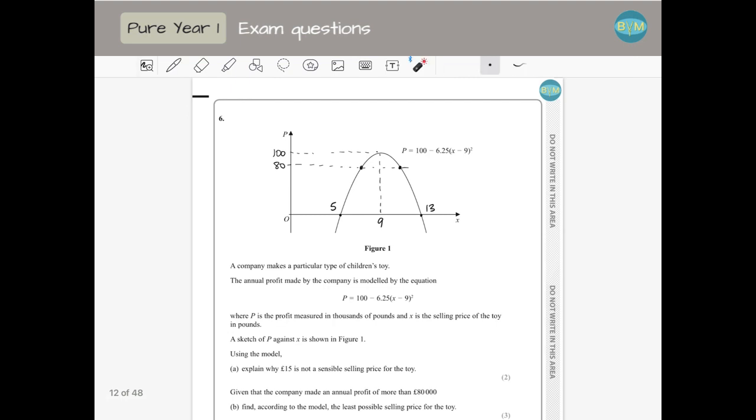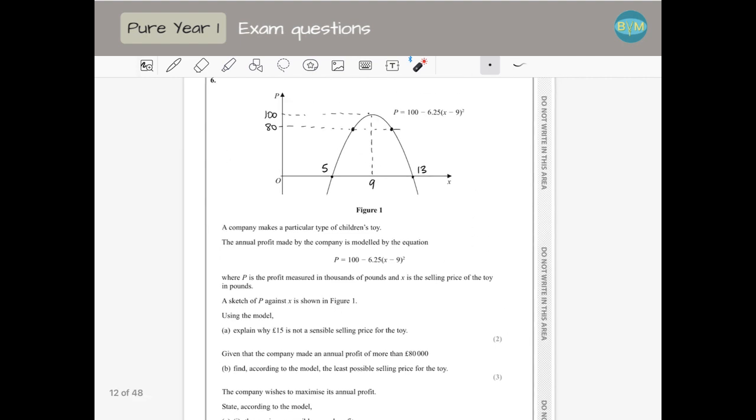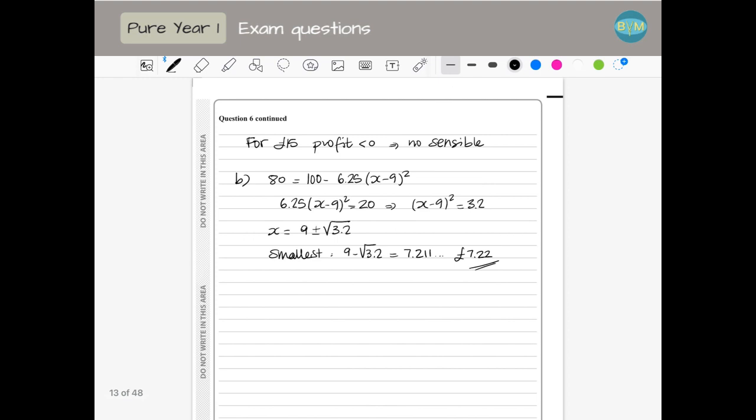And then the next thing they say is the company wishes to maximize the annual profit. State the maximum possible annual profit and the selling price. That's the maximum that we found here. So the maximum annual profit is £100,000 and the selling price should be £9, because it's the maximum of the quadratic.